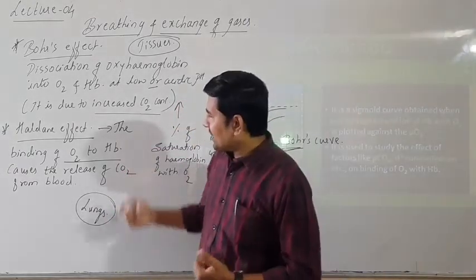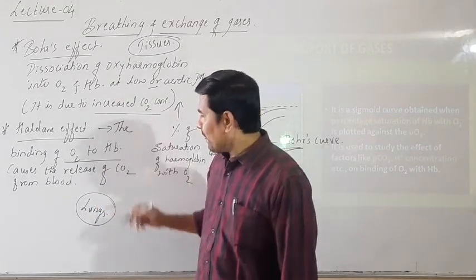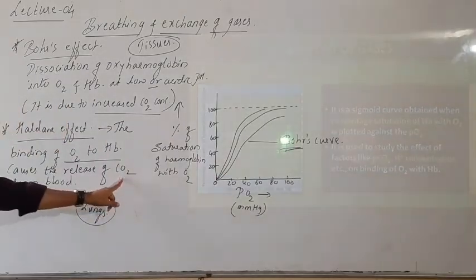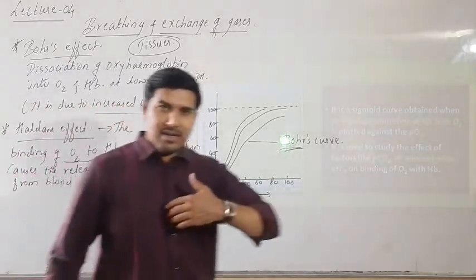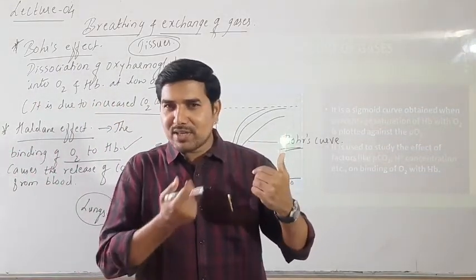Then what he says, if CO2 gets released, then it helps in binding of oxygen to hemoglobin. Release of CO2 helps in binding of O2 to the Hb. This occurs in the lungs.